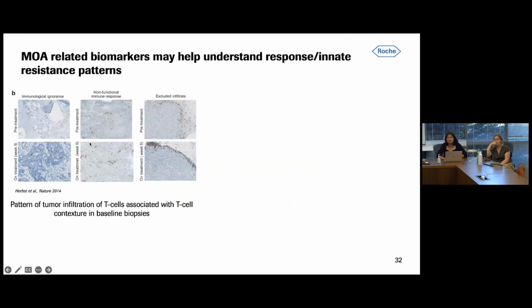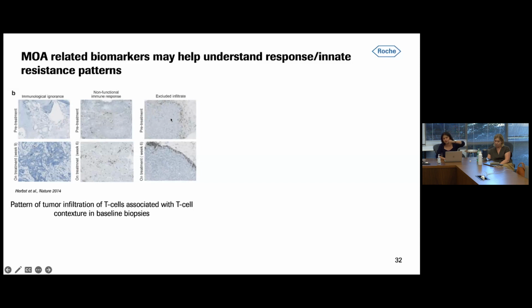And we observed that in patients who do not respond to this therapy, their baseline biopsies that are shown above here, these are 3 distinct patients, had very few CD8 positive T cells to begin with, or they had no T cells at all, that we called immunological ignorance, or they had some T cells, but they were really sparse compared to the example I showed you earlier, or the T cells are present, but they're present in the stromal interface and do not enter the tumor.